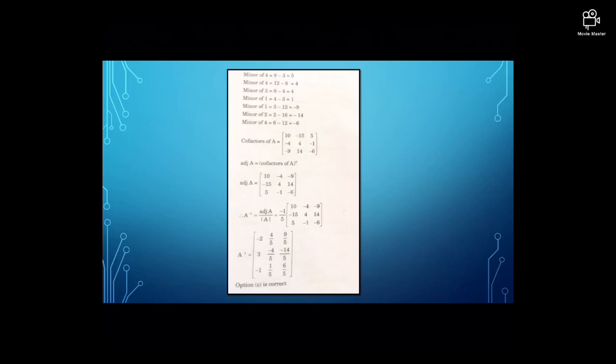Then we find all the minors and then the cofactors. Then we get the adjoint A, which is the transpose of the cofactor matrix of A. So A inverse is adjoint A by determinant A, and we get option C as the correct answer. So I hope everyone is clear with all these questions.